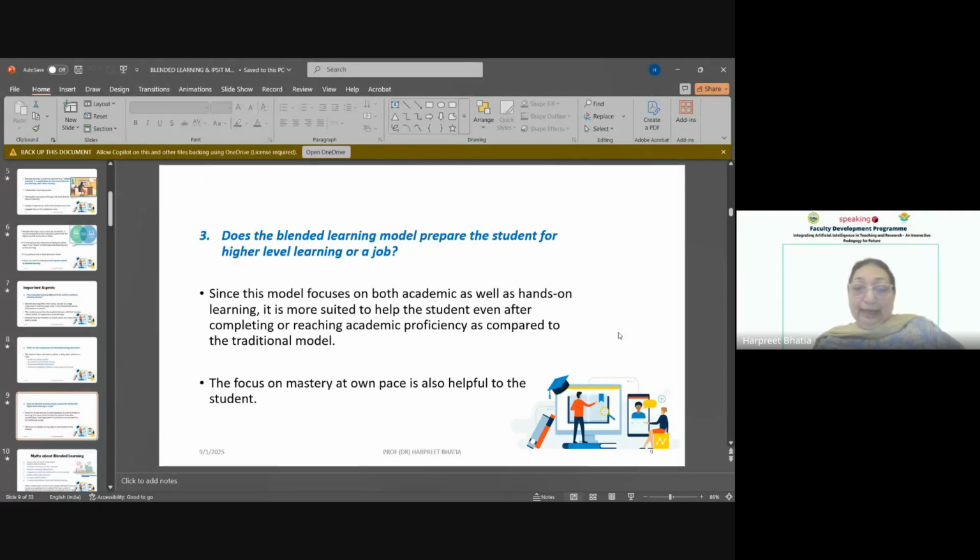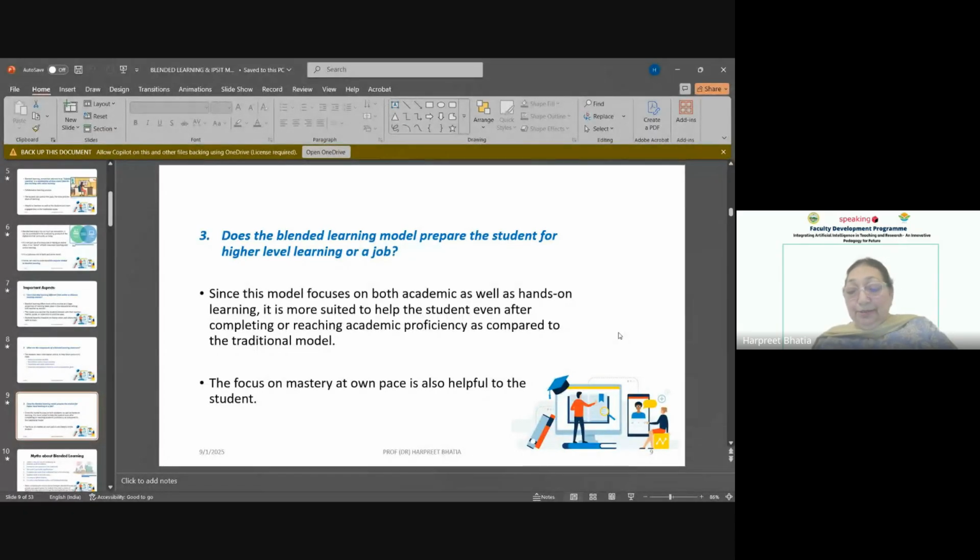So like ma'am had just talked in the previous session, NEP has encouraged or included all these aspects: skill-based courses, projects, and entrepreneurship, internships. All that has become part of NEP, because of which the student becomes prepared for the job scenario also.